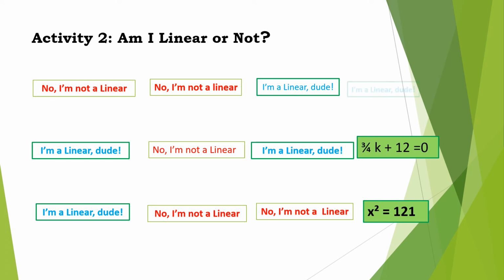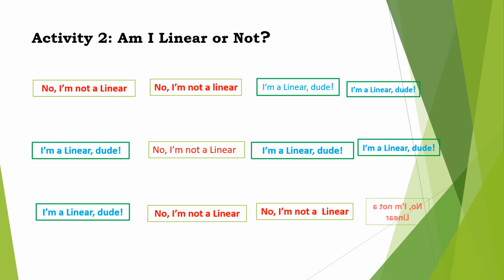Is this a linear? Yes, I'm a linear. How about this one? Is this a linear too? Yes, that is a linear. And how about this one? The last example. That is not a linear.